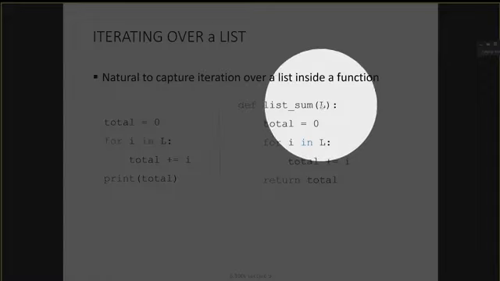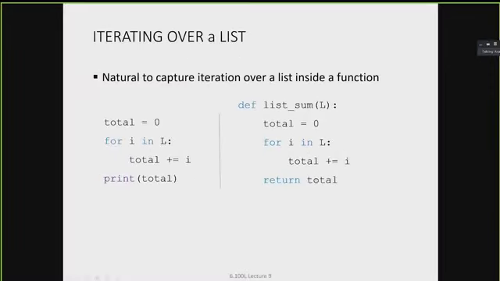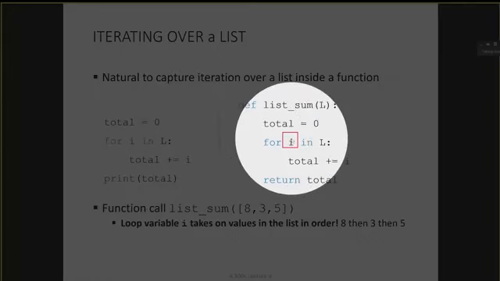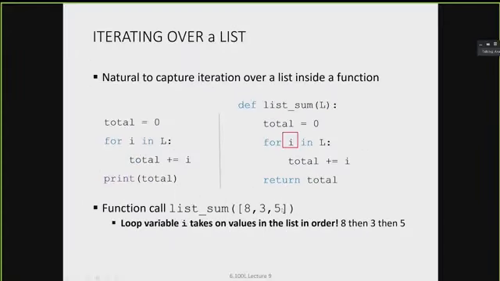I've taken a list as a parameter, and instead of printing the total, I'm returning the total. Right? So very useful function now. This loop variable I will take on the values 8, then 3, then 5, if that's the list I called this function with. So a lot nicer than iterating over the index and then indexing into the list with the square brackets at that index.